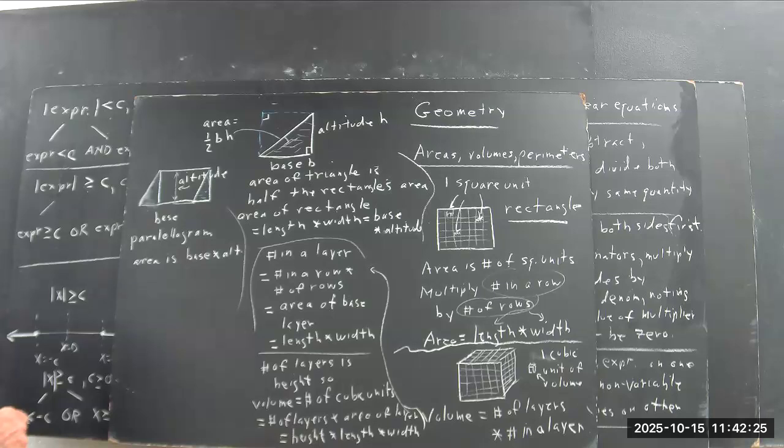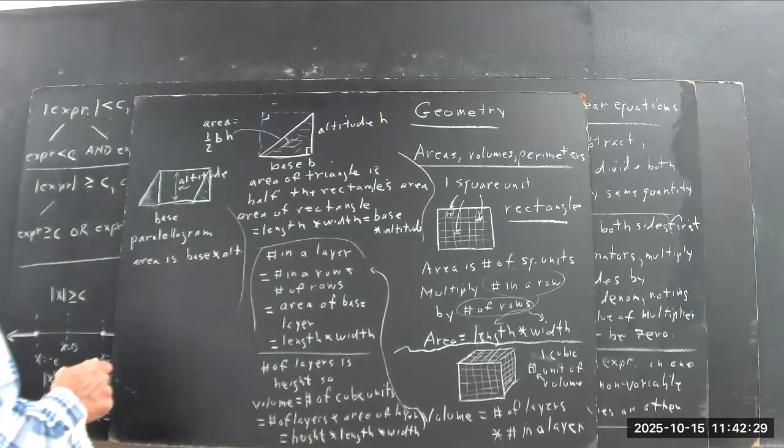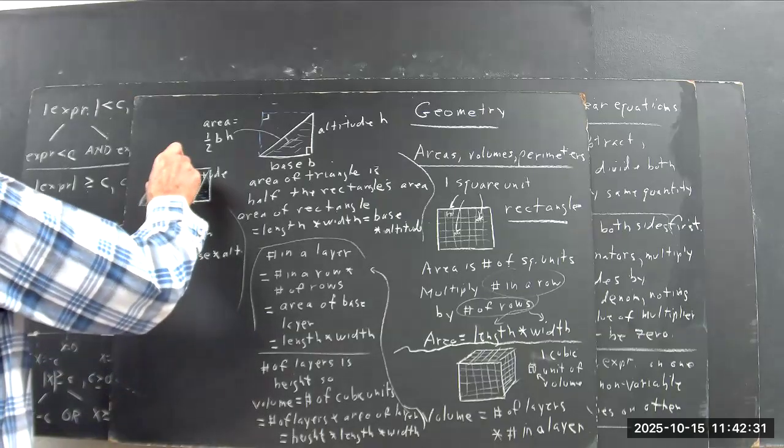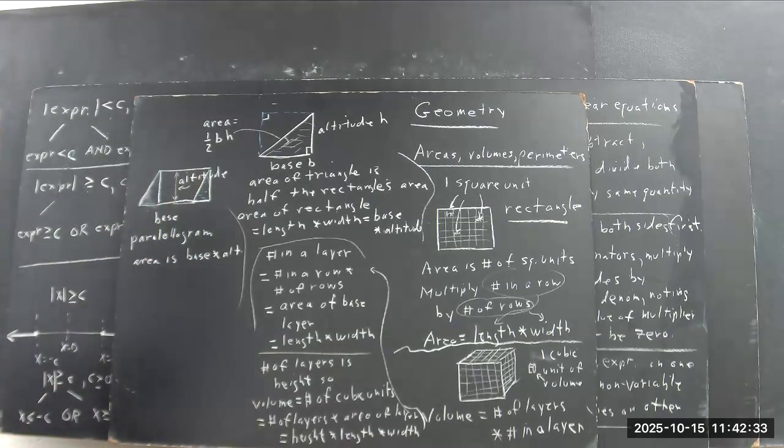It's base times altitude. Where the altitude again is the distance between the parallel sides.